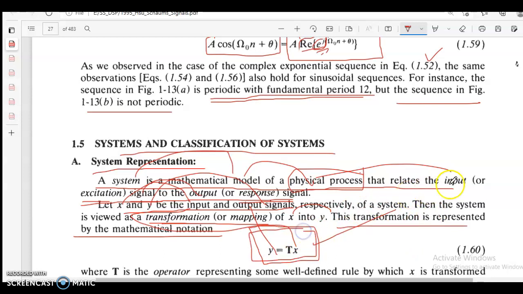Here the input means excitation, and the output is the response signal. The system is viewed as a transformation or mapping of x into y. This transformation is represented by the mathematical notation y equal to Tx.